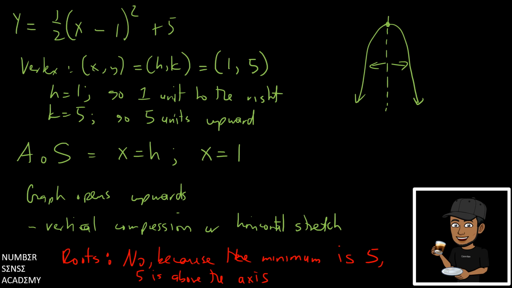Okay, so to have roots, remember, the arms of the graph need to pass through the x-axis. In this case, it will not pass through the x-axis.